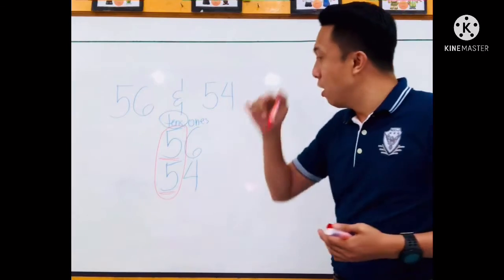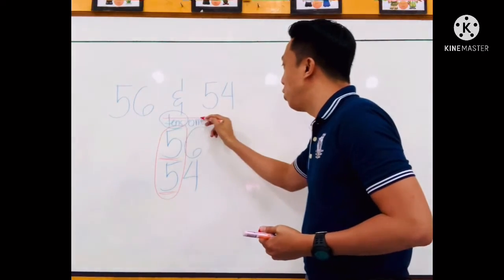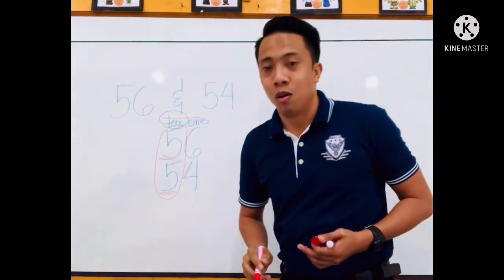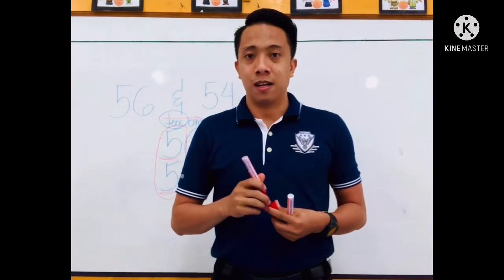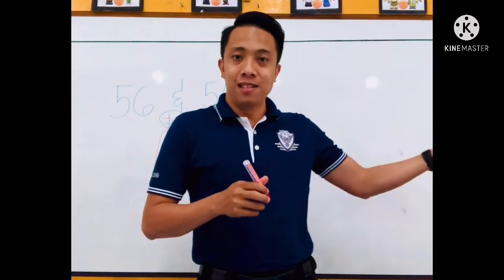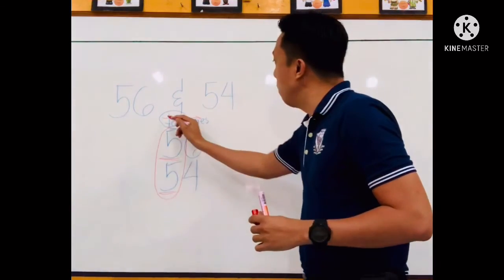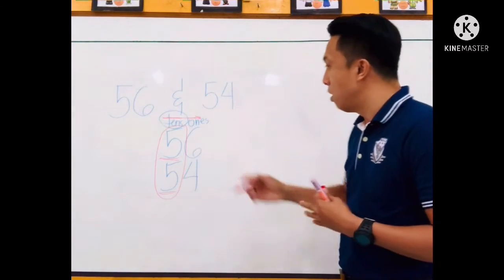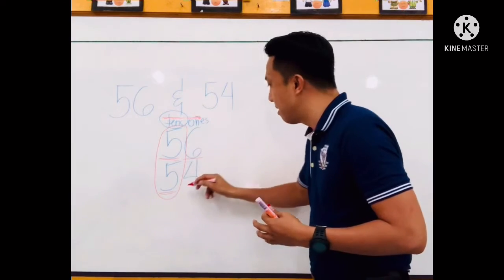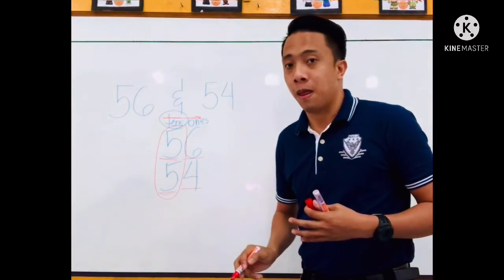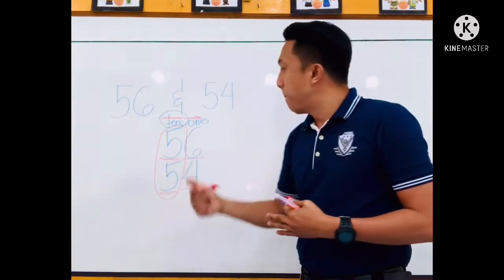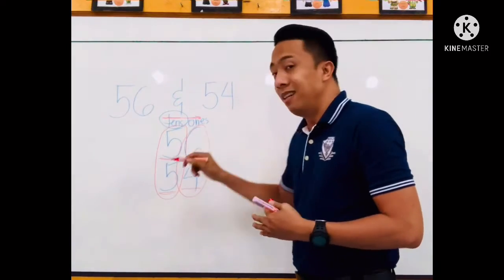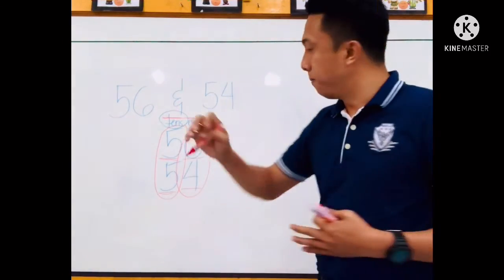The thing is, we will move to the right. Where's the right? Yeah, this is the right. So we will move to the right. What are the next two numbers? We have 6 and 4. We will do again the step 3.